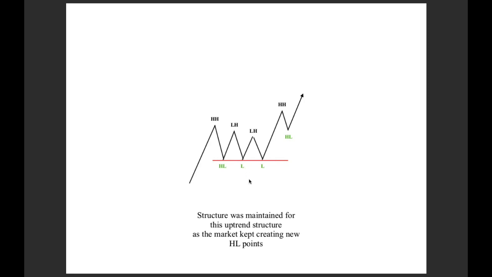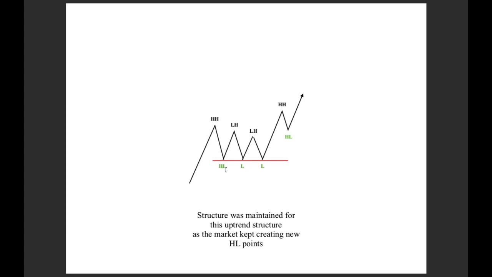It did not break the higher low. We just continued to make lows and sat on one level as a support, even though we were creating lower high points. The market then pushes up, creates a higher high and a higher low. So as long as the higher lows are being maintained, we are still in an uptrend structure.